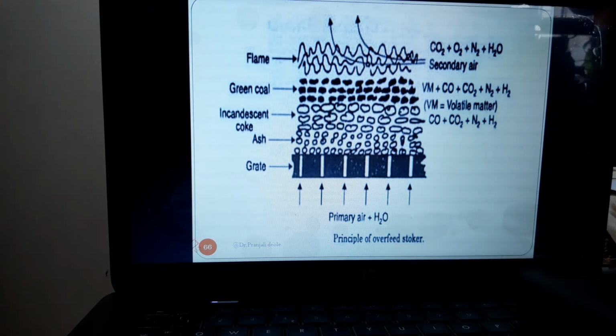Fuel, coke, and ash in the fuel bed move in the direction opposite to that of air and gases. Raw fuel continuously drops on the surface of the bed. The rising air cools the ash until it finally rests in a plane immediately adjacent to the grate.